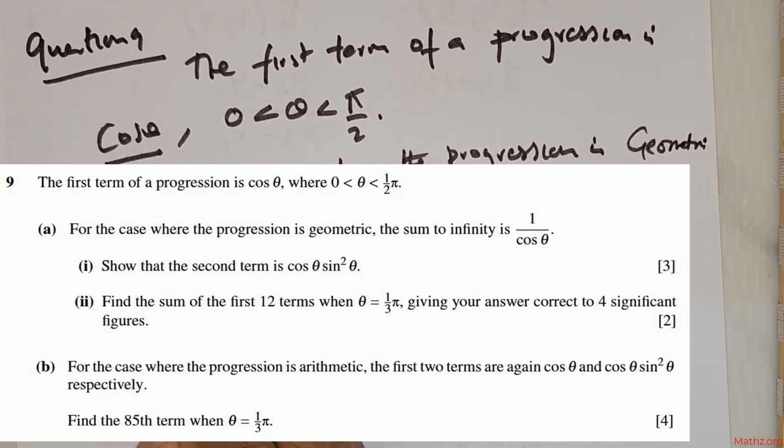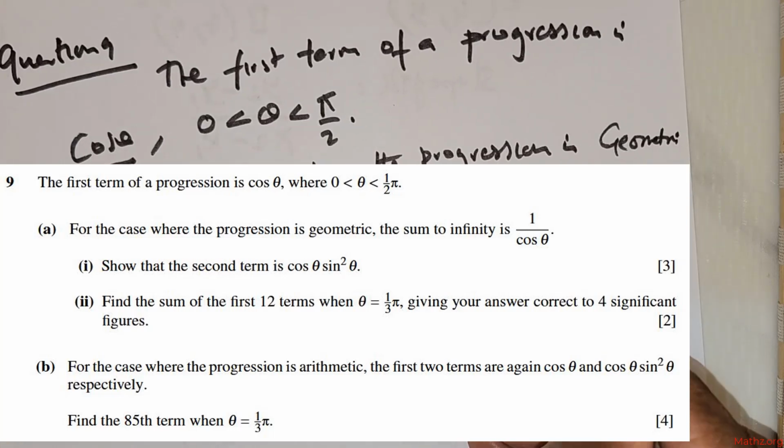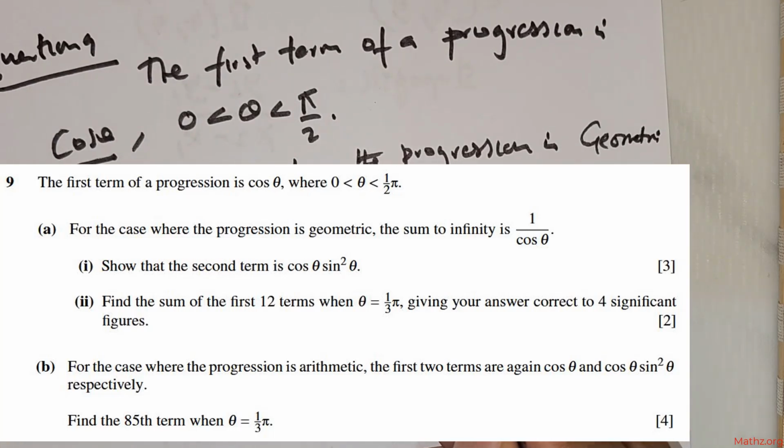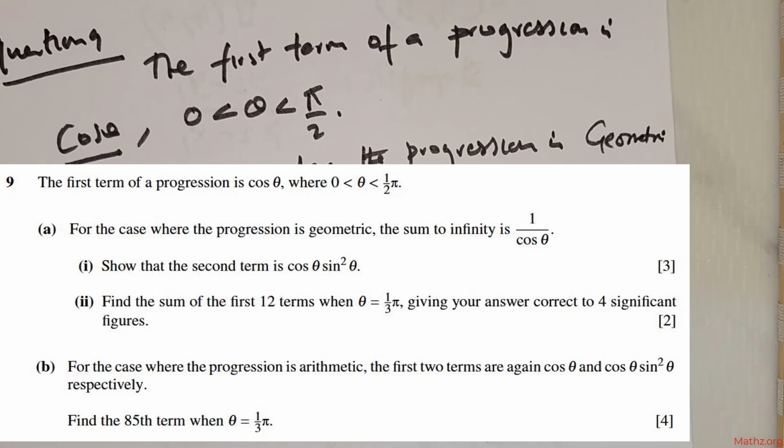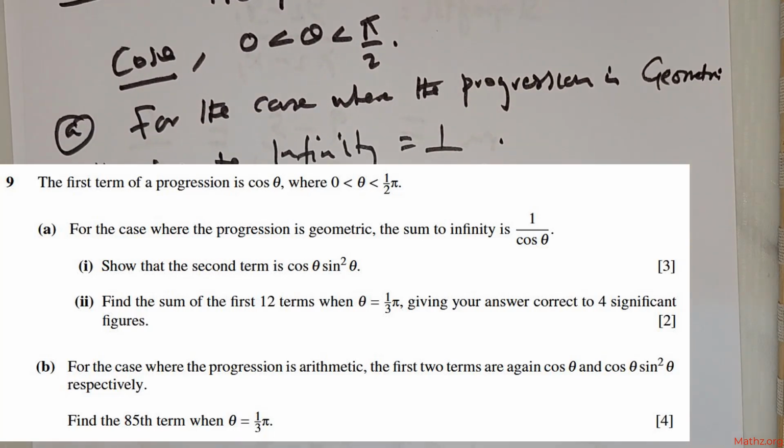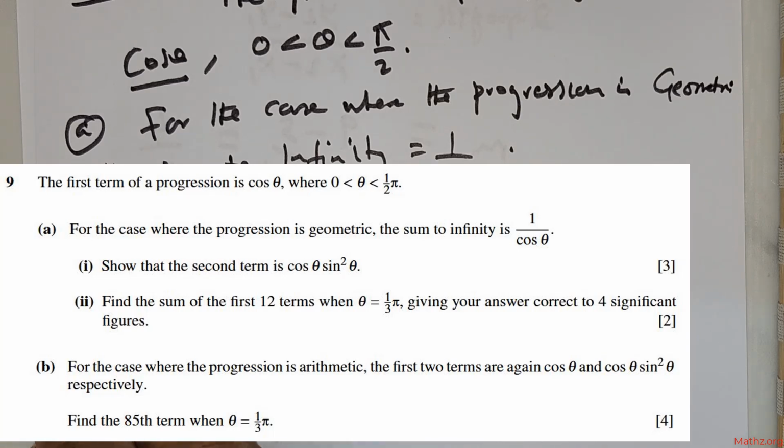Now what they are asking us is show that the second term is cos theta times sine square theta. Okay, that's the first part. Now let me start off with the first part.